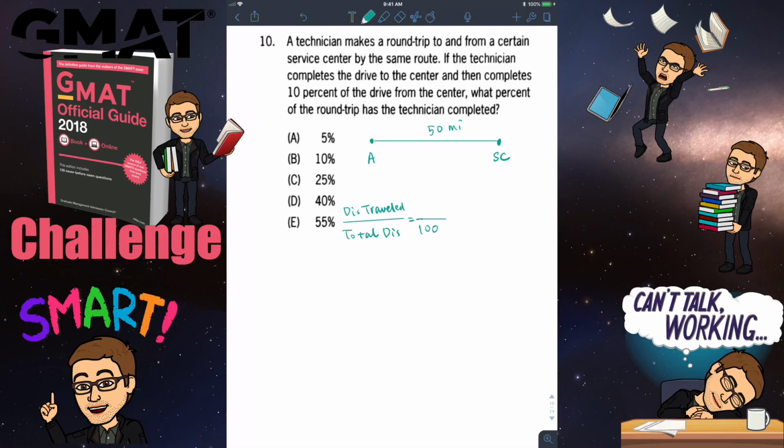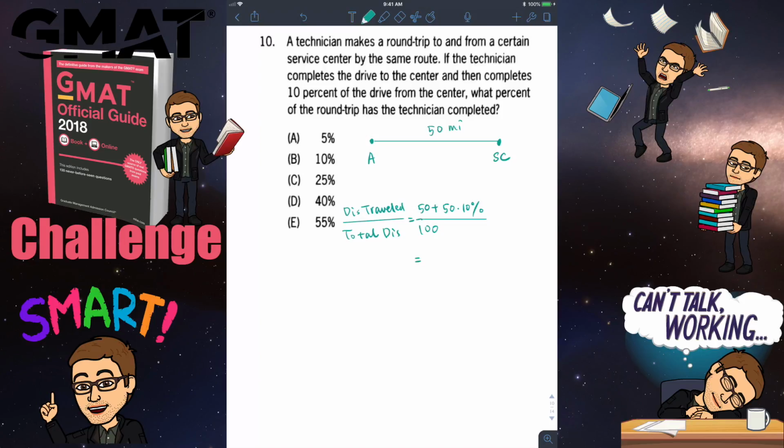And the distance traveled, if you read the question again: completes the drive to the center, so that's 50 miles, and then completes 10% of the drive from the center. From the center, it's the same route, so still 50 miles, and that's 10% of 50 miles, so 50 times 10%. And this is basically the expression, and then you calculate it and convert it to percent.